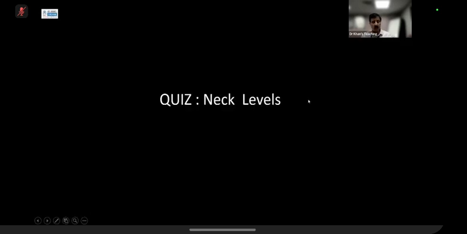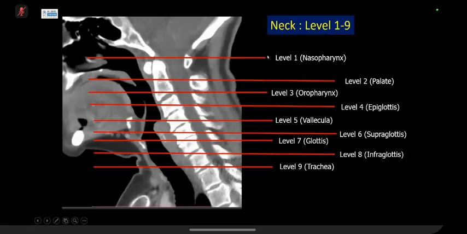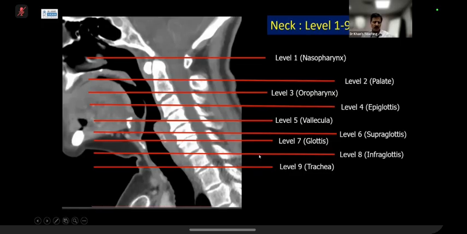Candidate 4, can you see quiz neck levels? Sorry, candidate 3. Yes, sir, I can see. Okay, so now this is open for the chat. We will go through now. This is a revision of whatever we have done today, and after this revision, tomorrow you can go to your departments and go through it once again.